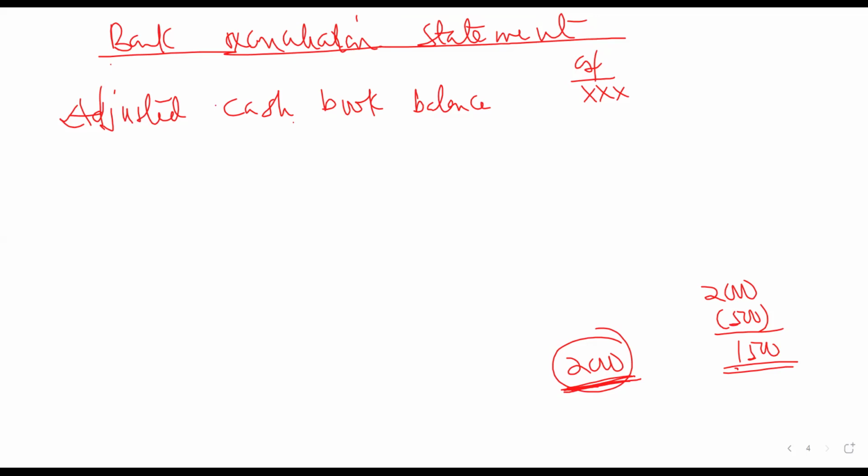How do you make your cash book balance 2,000, which will be the same as the bank statement balance? How do you make it? Yes, Ines, how do you make the 1,005 become 2,000?